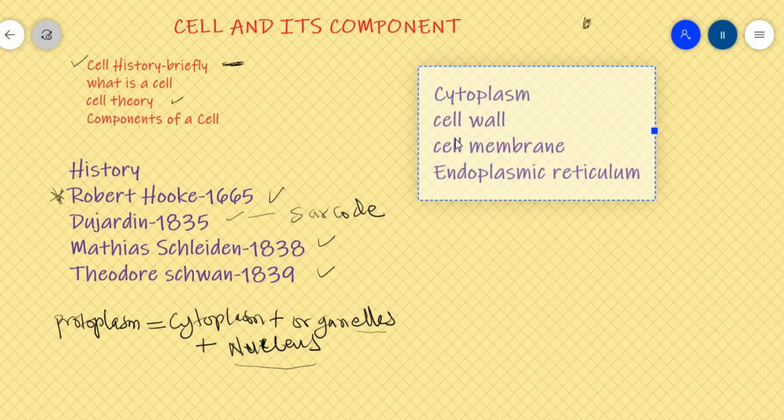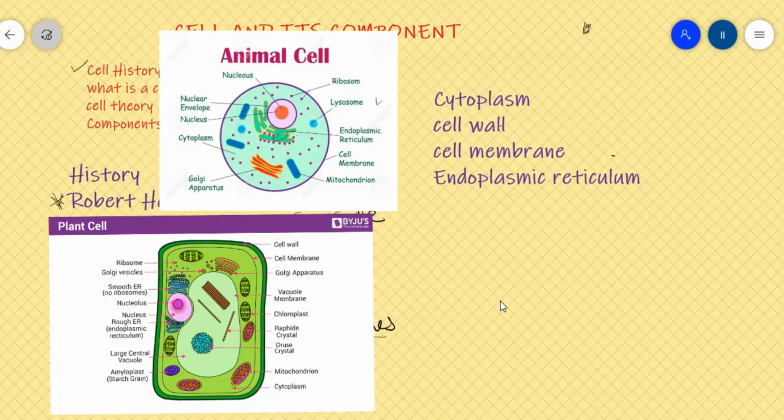So what's the function? Both the rough and the smooth, I'm just trying to make it fast, but let me try to explain it. As you can see, this is a plant cell. This is an animal cell. You can see that the endoplasmic reticulum looks like canals.